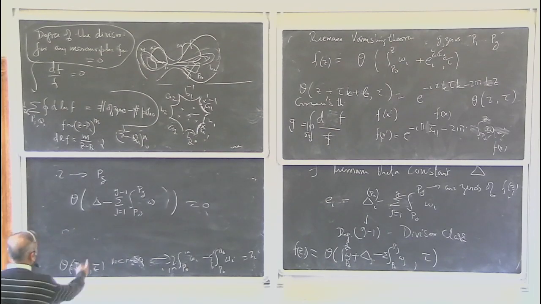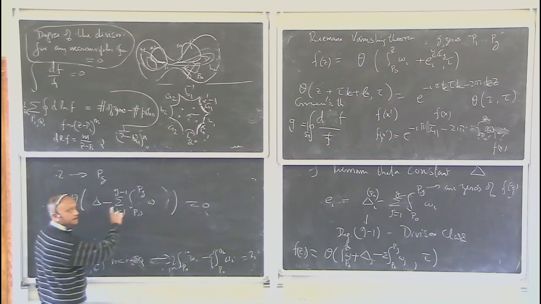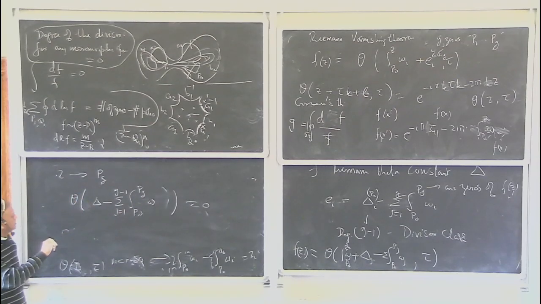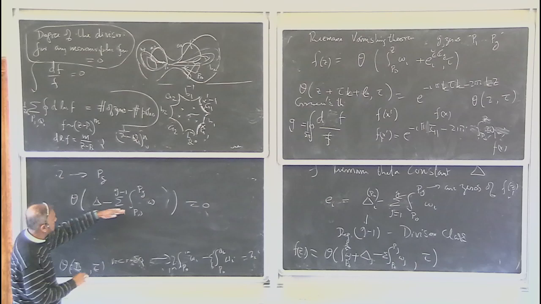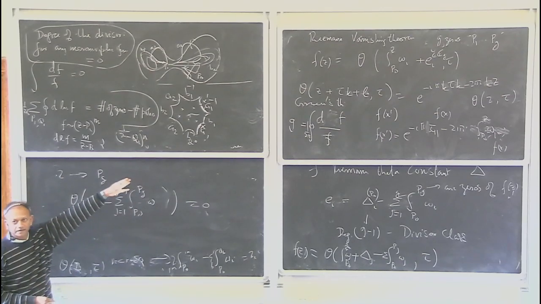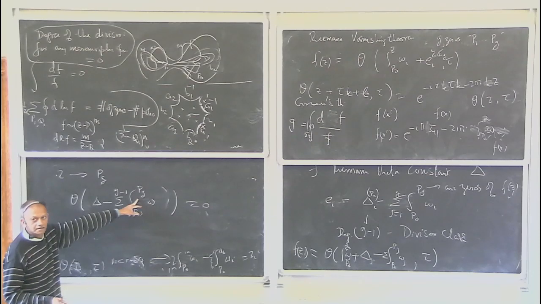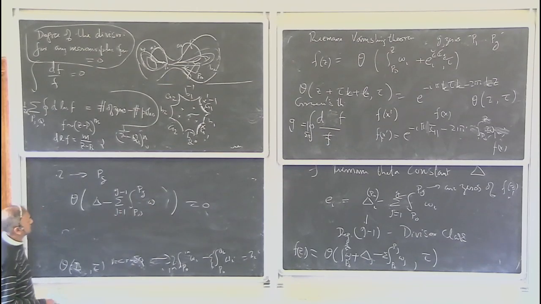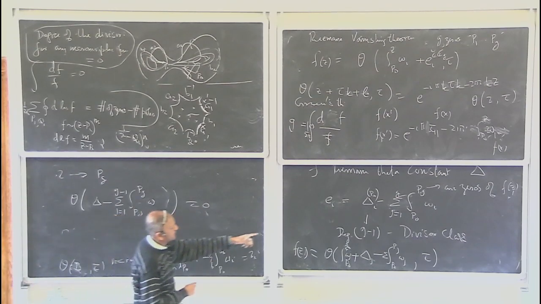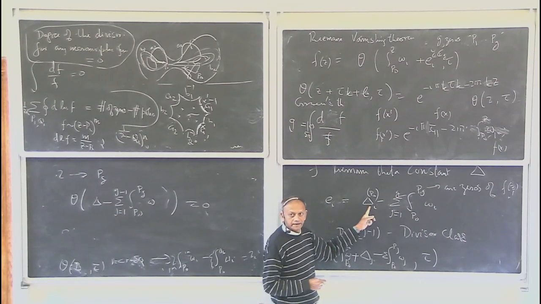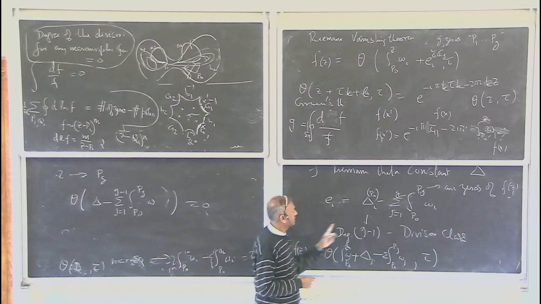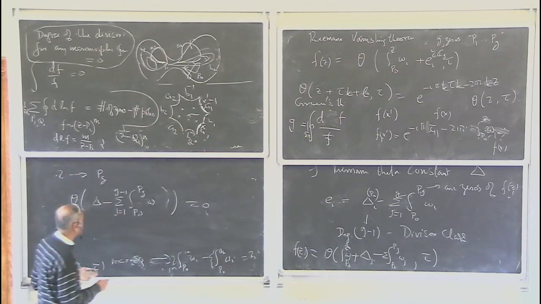Because now you see this has no reference to the original function f. This could be any pj's, it doesn't matter. Delta is independent of the pj's; delta is only a function of p naught.